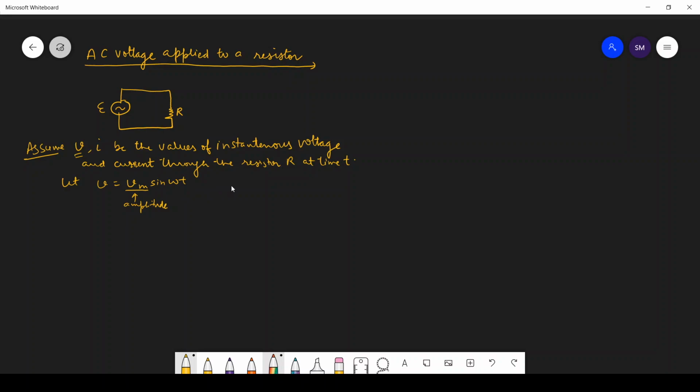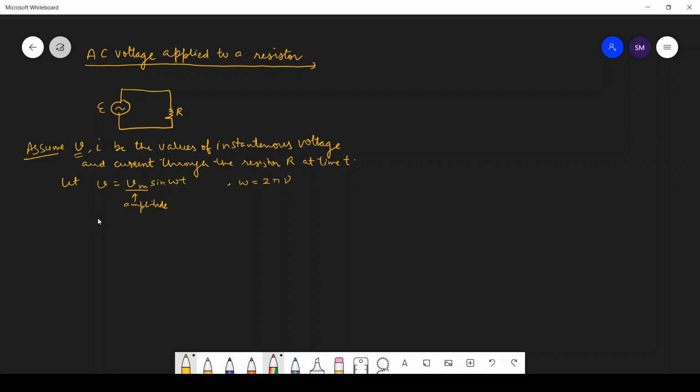This omega is your angular frequency, whose value is given by 2 pi nu.